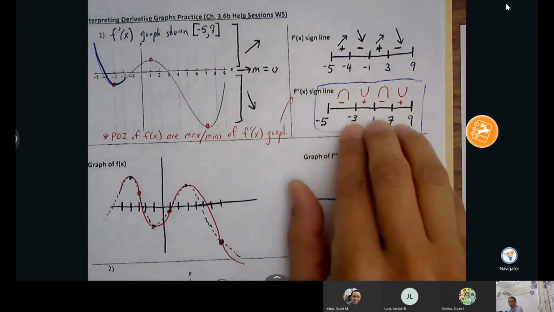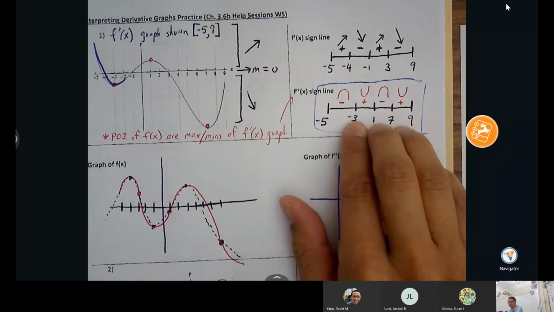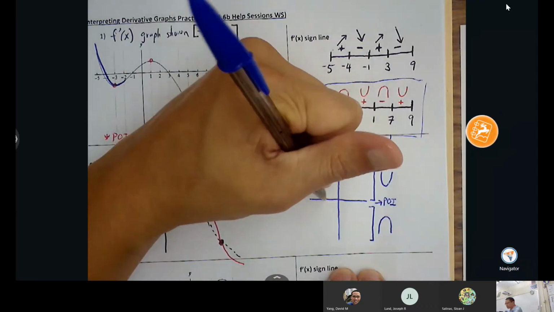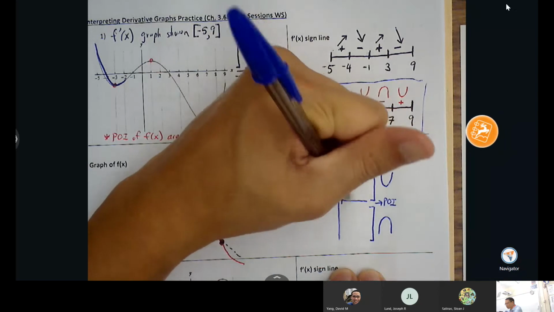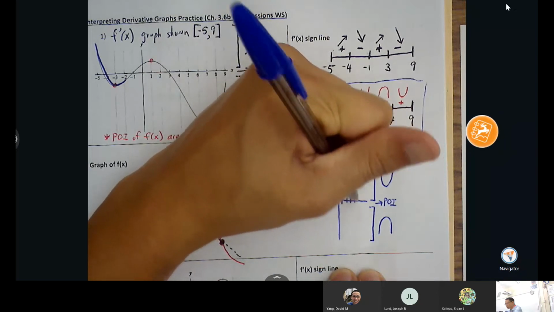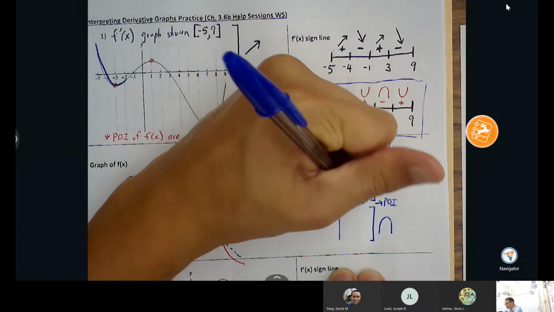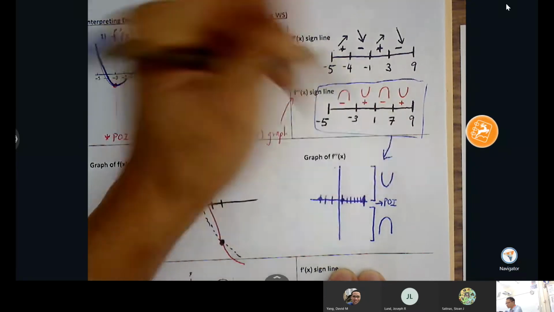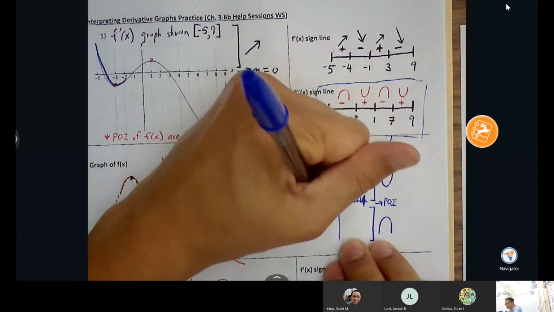So I first start off with my critical points, my x-intercepts. I didn't give myself enough room here. So negative 3, 1, and 7.